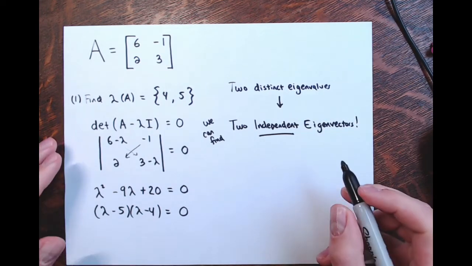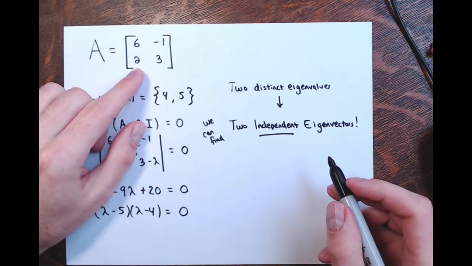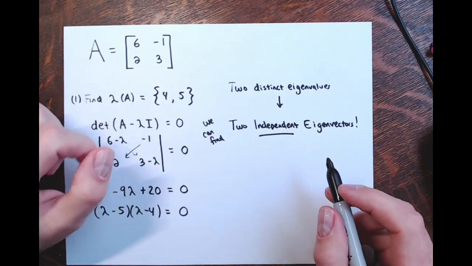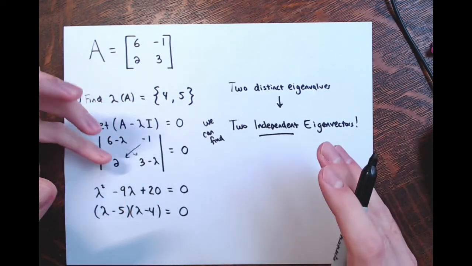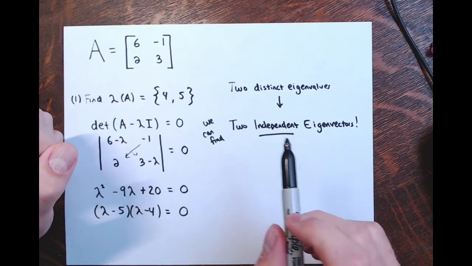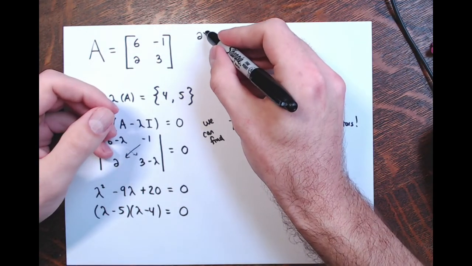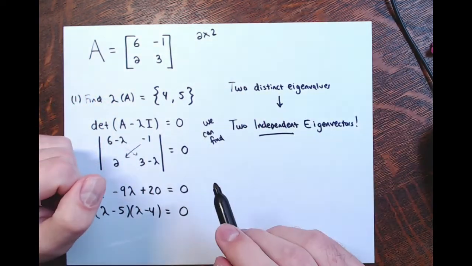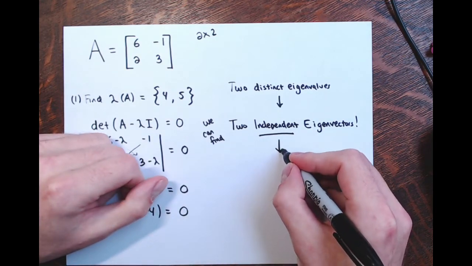And if that's the case, this is a 2 by 2 matrix. The theorem I stated a second ago was that an n by n matrix is diagonalizable, similar to a diagonal matrix, if and only if it has n independent eigenvectors. Well, this is a 2 by 2, so it's only going to be diagonalizable if you can find two independent eigenvectors, which we can.